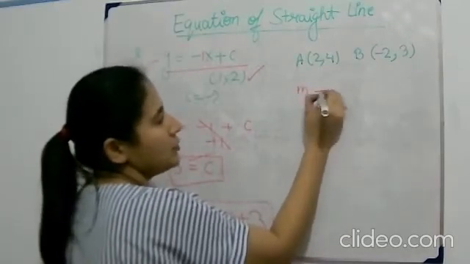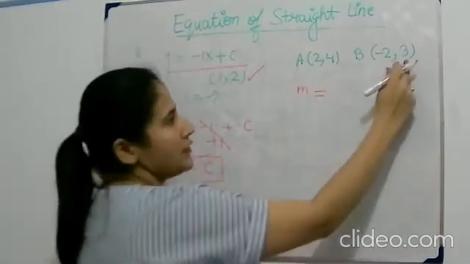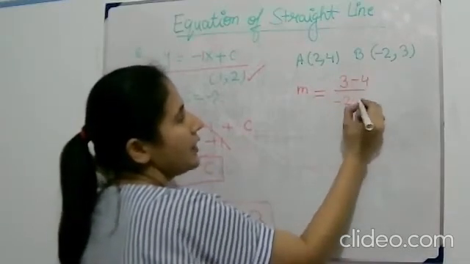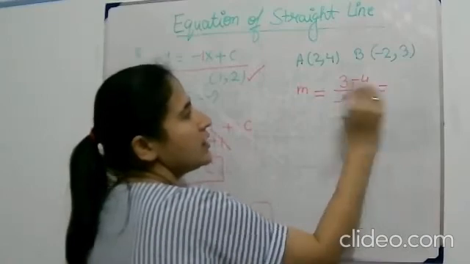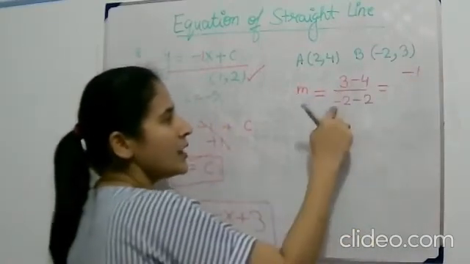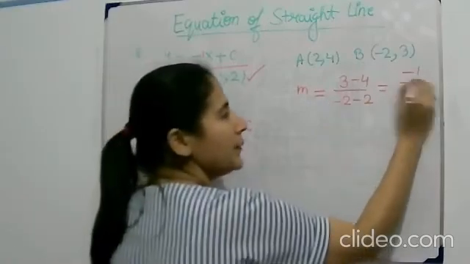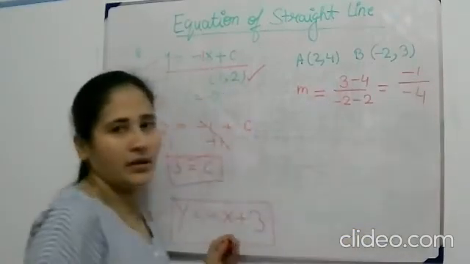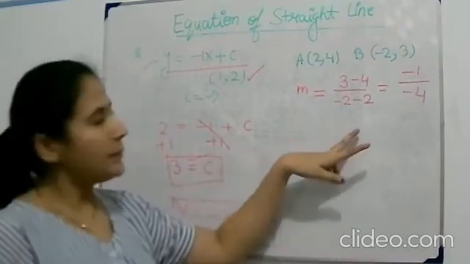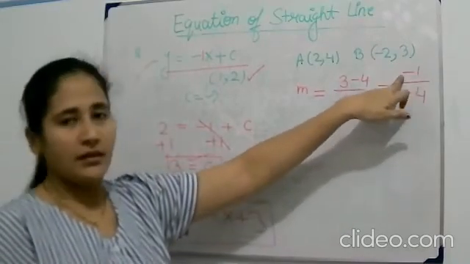m is equal to y2 minus y1, 3 minus 4, over x2 minus x1, which is minus 2 minus 2, that is minus 4. Both have the same sign, negative, negative.